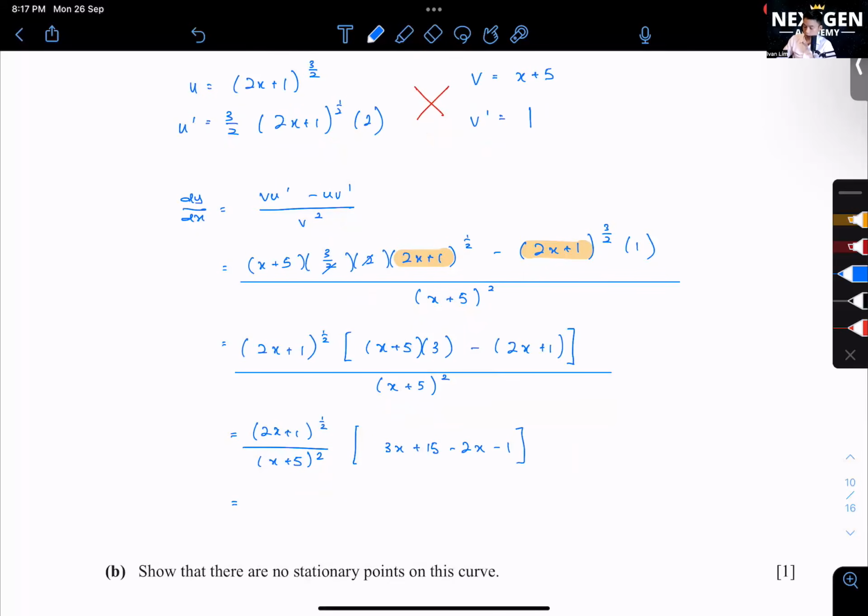Then you'll be left with (2x plus 1) to the power of 1 over 2, over (x plus 5) squared, times (x plus 14). Okay, clear? Clear on this?